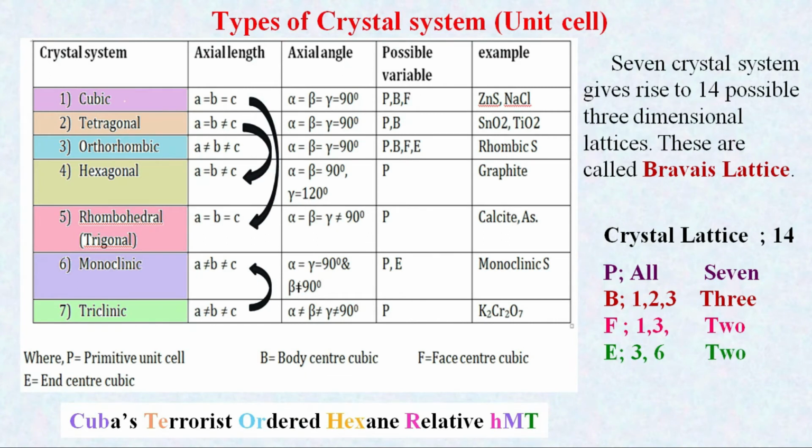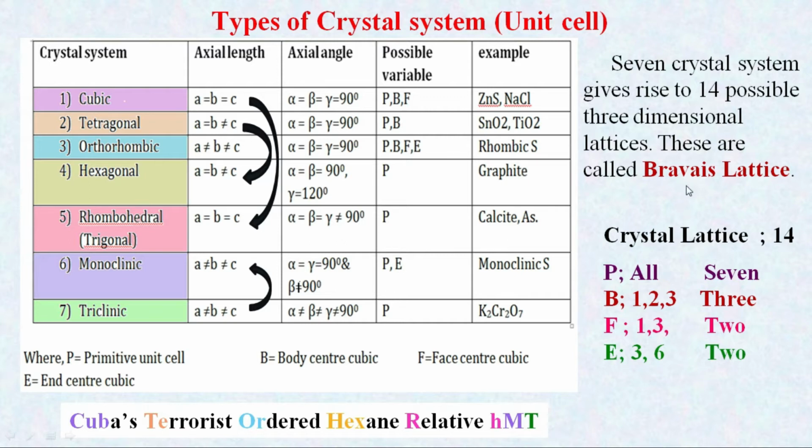Yes, so let us discuss different types of crystal systems or unit cells. As I said, there are total 7 crystal systems, and under these 7 crystal systems we have total 14 Bravais lattices.